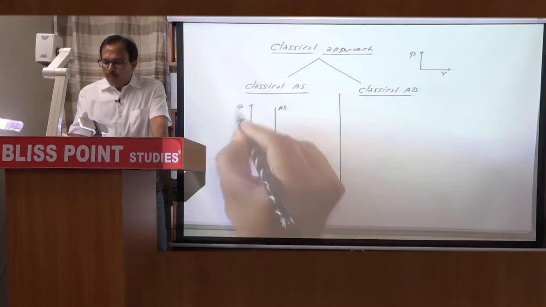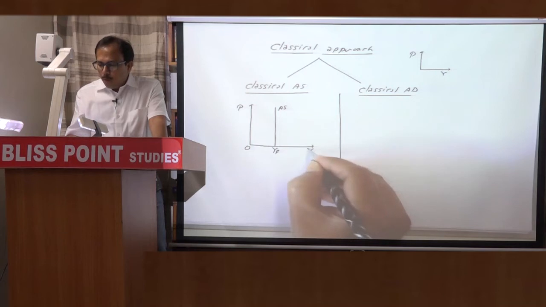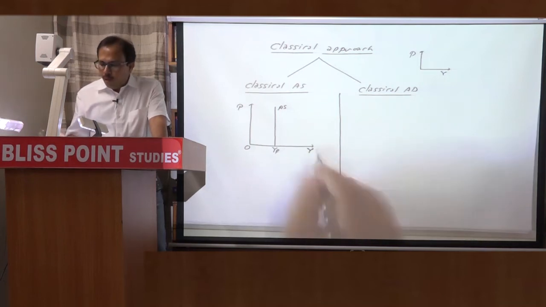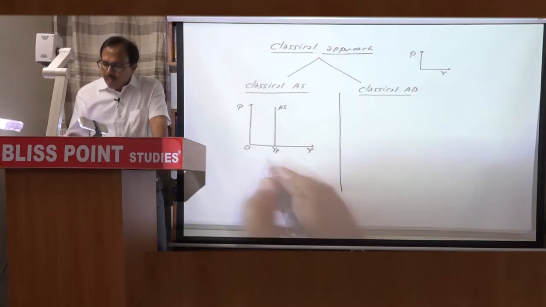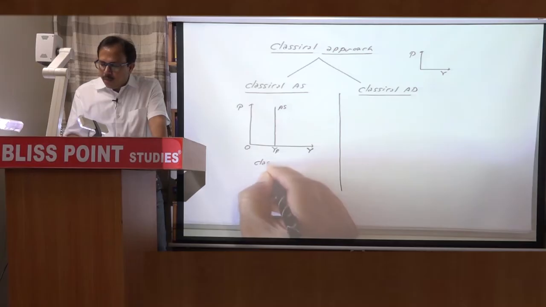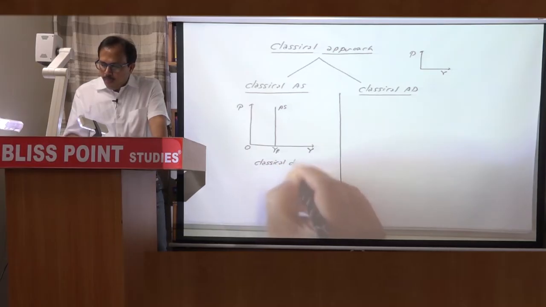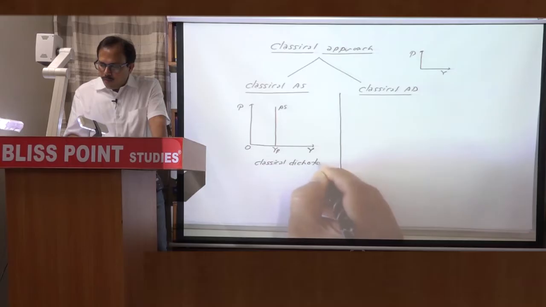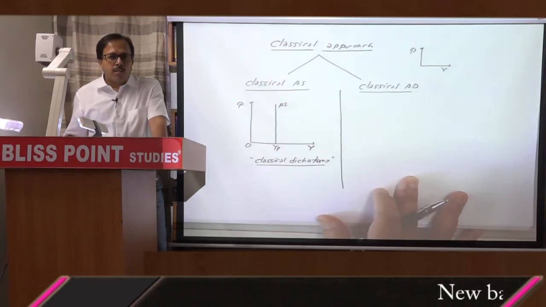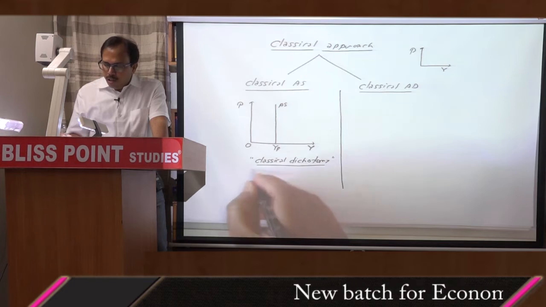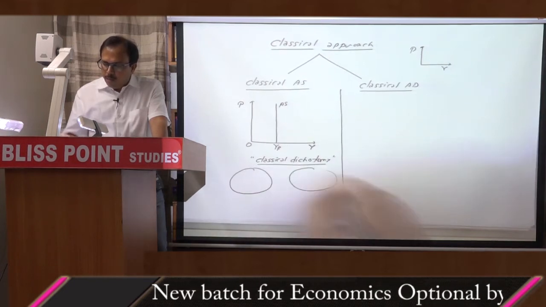So here price is on one axis, output is on the horizontal axis. One variable here is real, the other is nominal, and the classicals say that there is a classical dichotomy. In your answer, keywords must be there, and whenever you use these words, underline them and give a short definition: classical dichotomy is a theoretical separation between a real variable and a nominal variable.